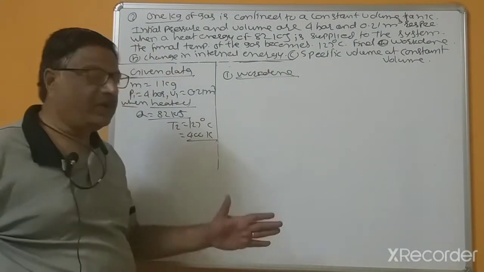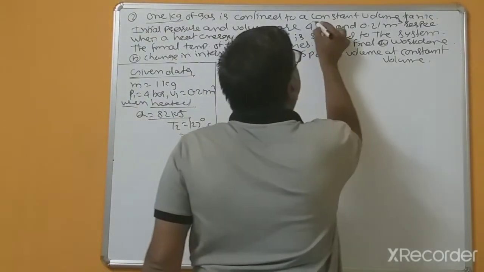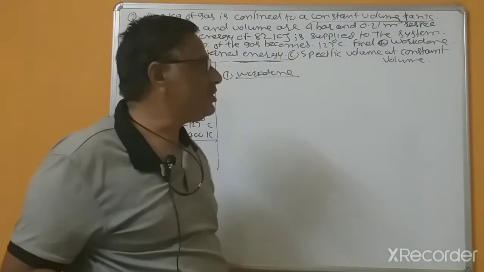First bit, what is the work done? So work done equal to... this is a constant volume tank, meaning this process is constant volume.